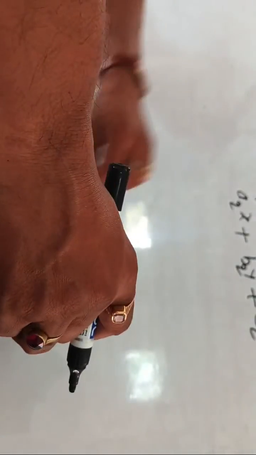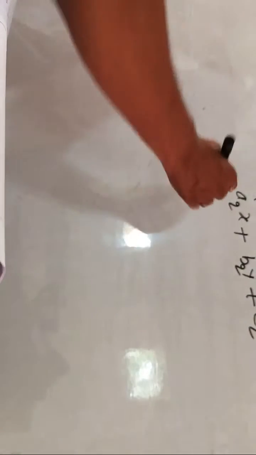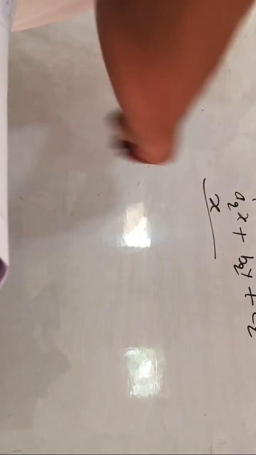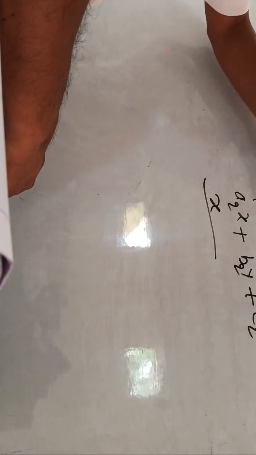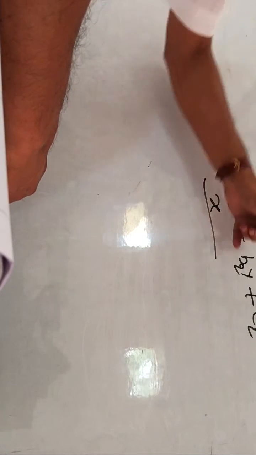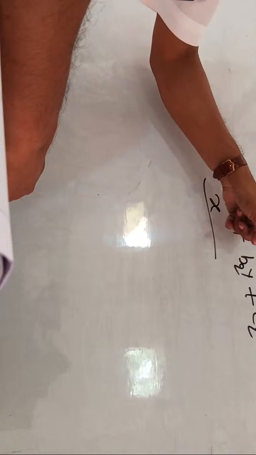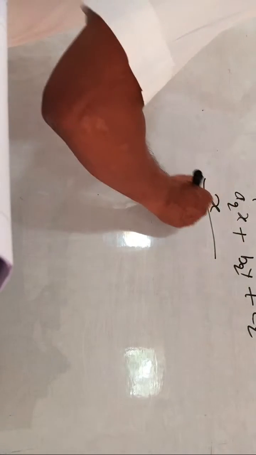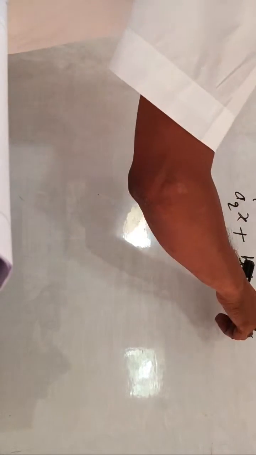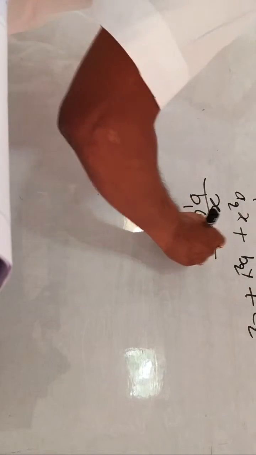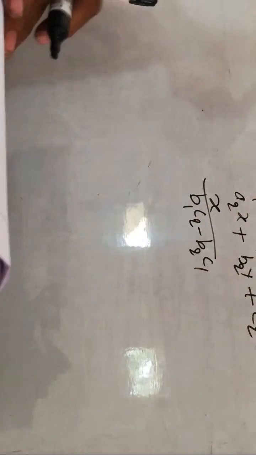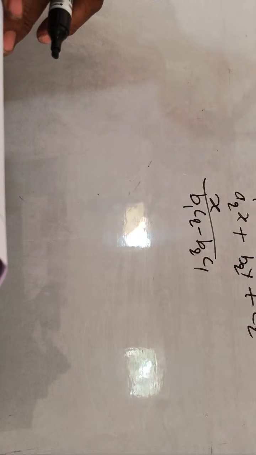For that, we put x here and we remove this x part, then this part remains: b1 into c2, cross multiplication, minus b2 into c1. Right? b1 into c2 minus b2 into c1.